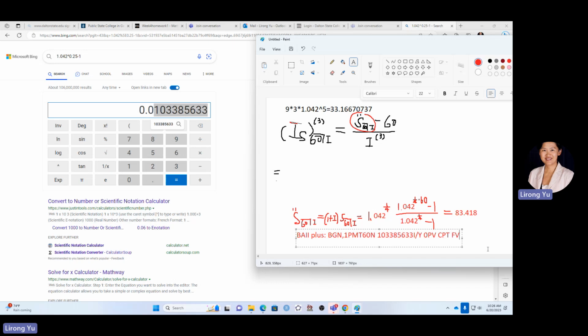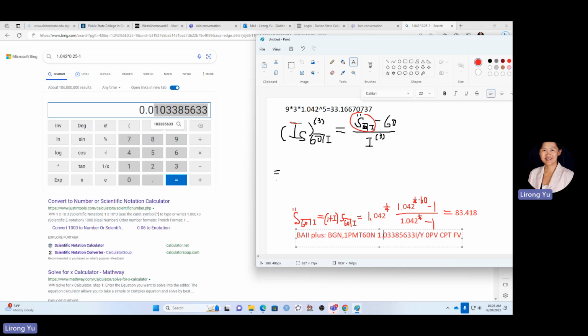I think I forgot to add the point for the interest. So it's 1.03385633 for interest per year, and 0 for the present value.